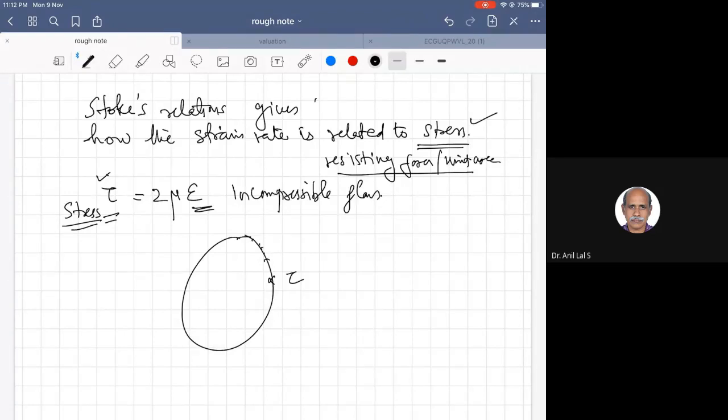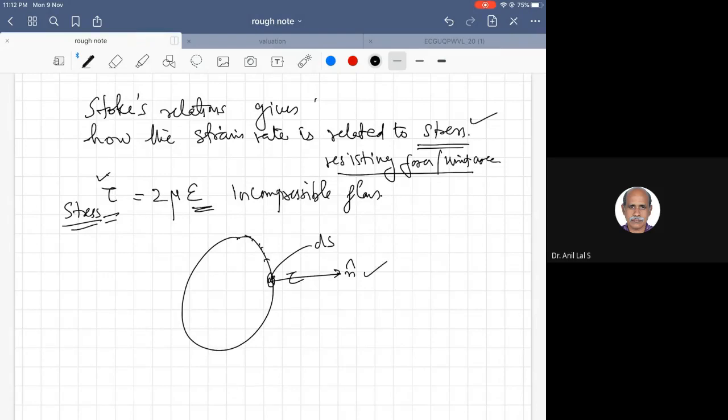Since it is varying, we have to calculate the force corresponding to the stress. So for that, let us consider a small surface area dS, having a unit normal n.